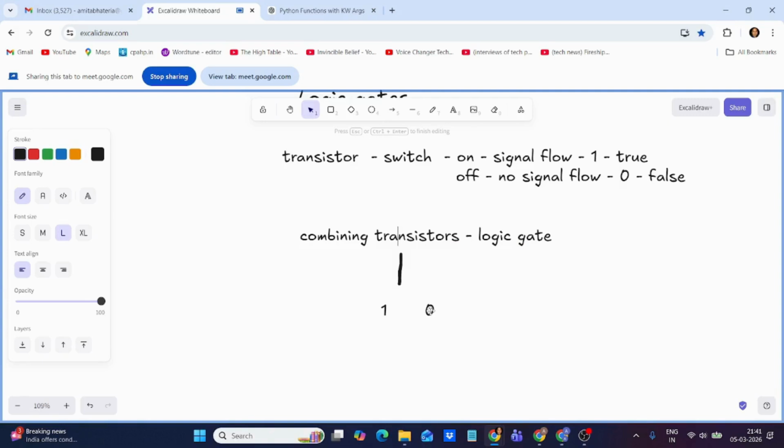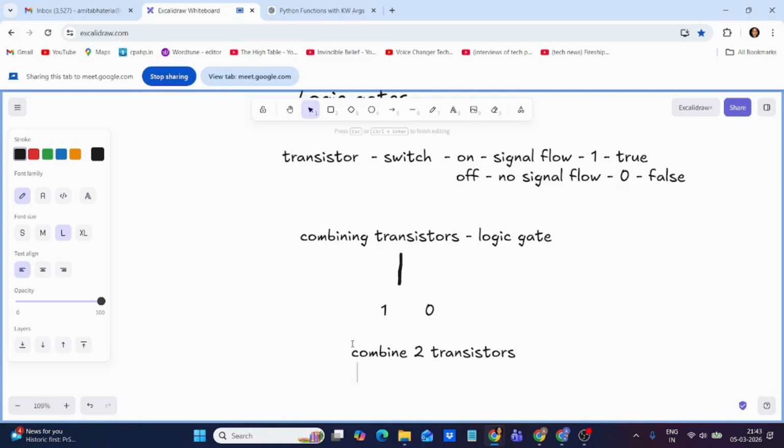When we combine such transistors we can form a logic gate. Understood? We will combine two transistors to form a logic gate. A logic gate can be formed by using any two transistors.